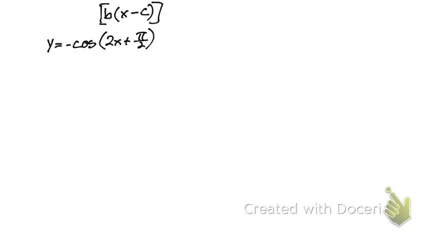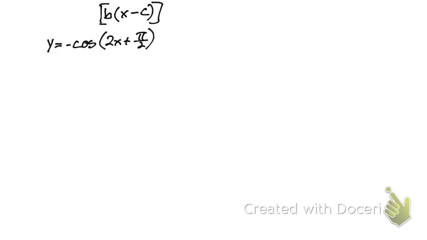So if there's a value in front of x, it needs to be in parentheses if you're shifting left or right. And the key behind this is, if our period was 2 pi, it would move it left pi over 2.